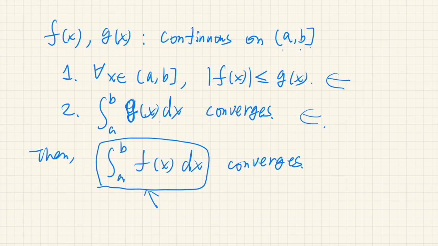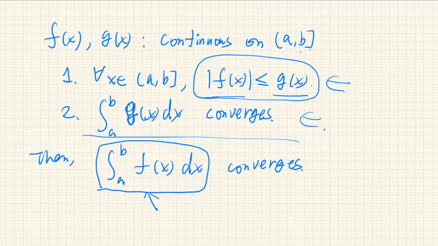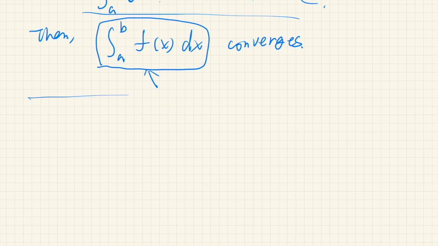By the way, this function g of x is called a dominating function of f of x because it dominates in this sense. It is always greater than or equal to the absolute value of f of x for all x in this interval. Okay, so let's prove this theorem.